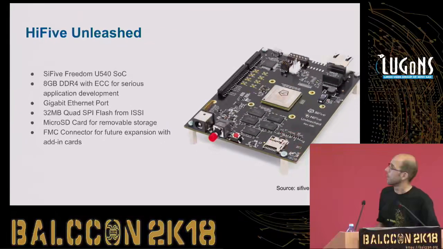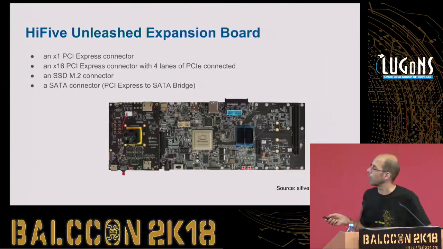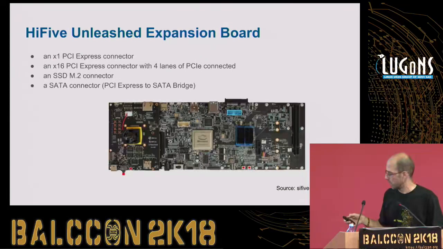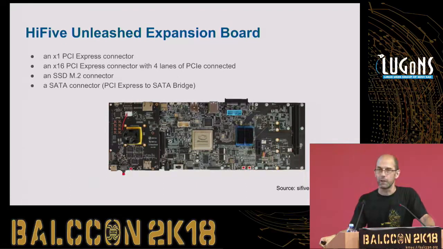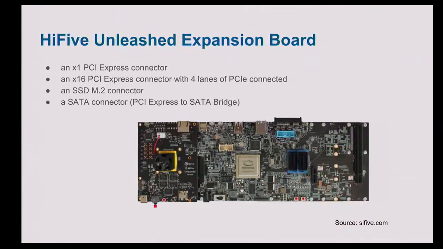It has 32 megabyte SPI flash on board, plus micro SD card, and an expansion connector, which can connect it to expansion board, which is basically a main board for the computer. This configuration was used at FOSDEM this year to demonstrate Quake on it. They have run Linux successfully and run Quake on it.